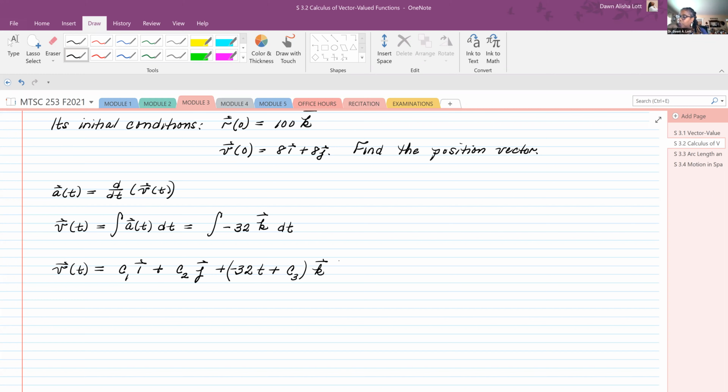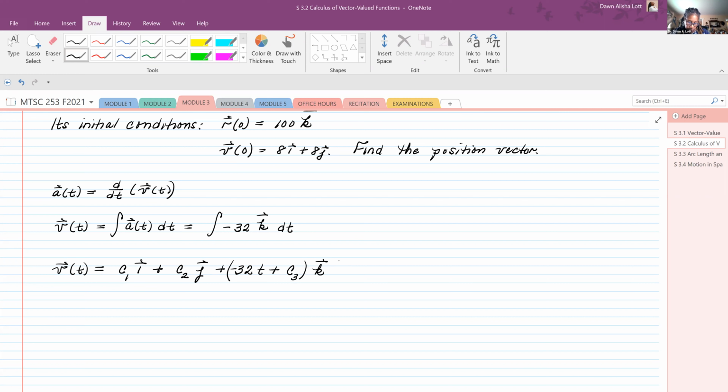Okay, so when you integrate, we're starting with the acceleration, which is the second derivative. So we have to keep integrating until we get back to r. Yes, so we learned that in physics. I actually showed you this too in this section: you start with the position, you differentiate to get velocity, and you differentiate velocity to get acceleration.